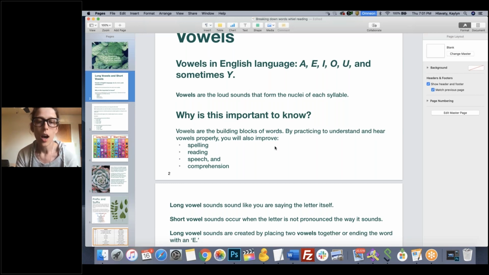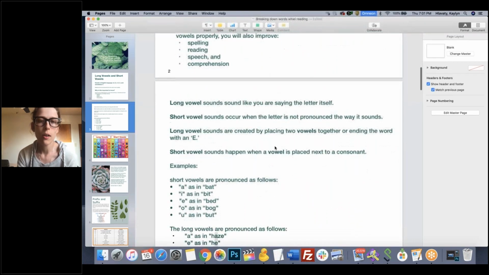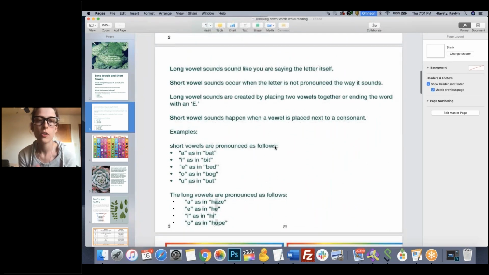So there are two types of vowels, a long vowel and a short vowel. A long vowel will sound like you're actually saying the letter, like the A in blaze sounds like A. Another one would be nope, like no, the O. That would be a long vowel.